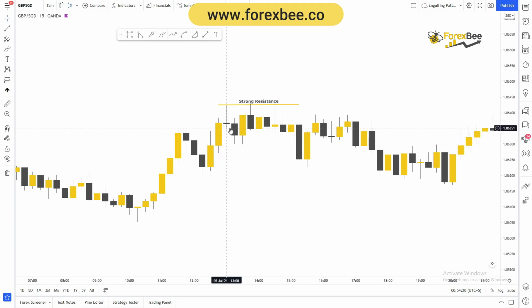The doji candle in itself only means that the market trend has not been decided yet. The buyers and the sellers are standing at the same level. So if you spot a doji candle at the end of a bullish trend, that means the buyers are getting exhausted and the sellers are trying to take control, but they haven't been able to do so yet.